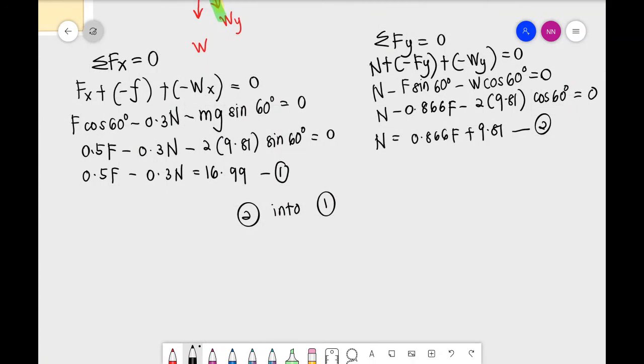So from equation 1, 0.5 F minus 0.3 N, where N is the normal force from component y, we have 0.866 F plus 9.81, equals 16.99. Then we can simplify.